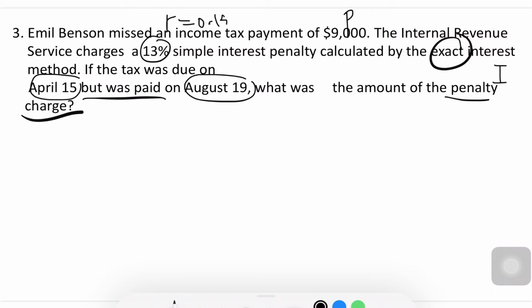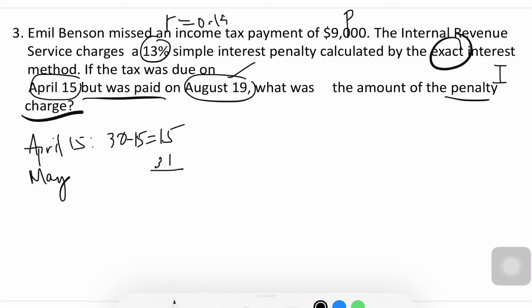First we need to find the time by counting. Again, April 15, how many days? 30 minus 15 is 15. Then until August 19 is the counting. May has 31 days, so this is 46.